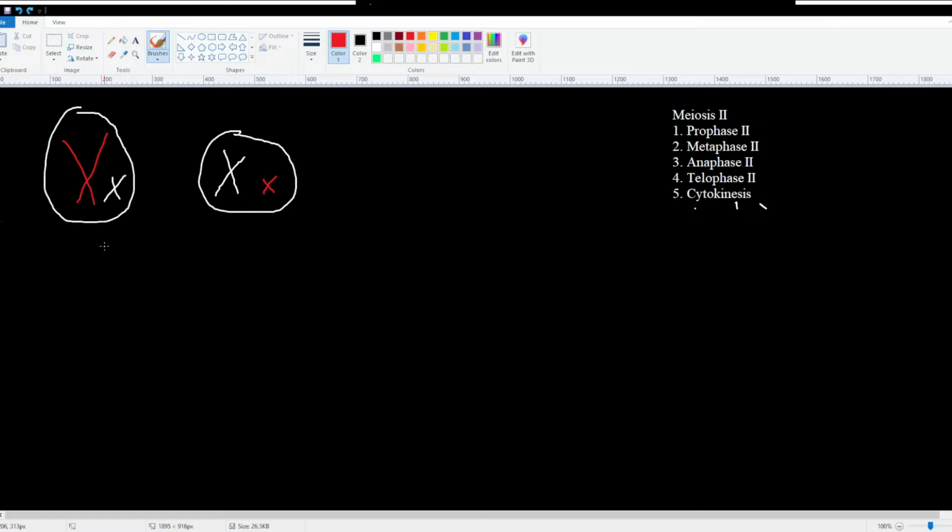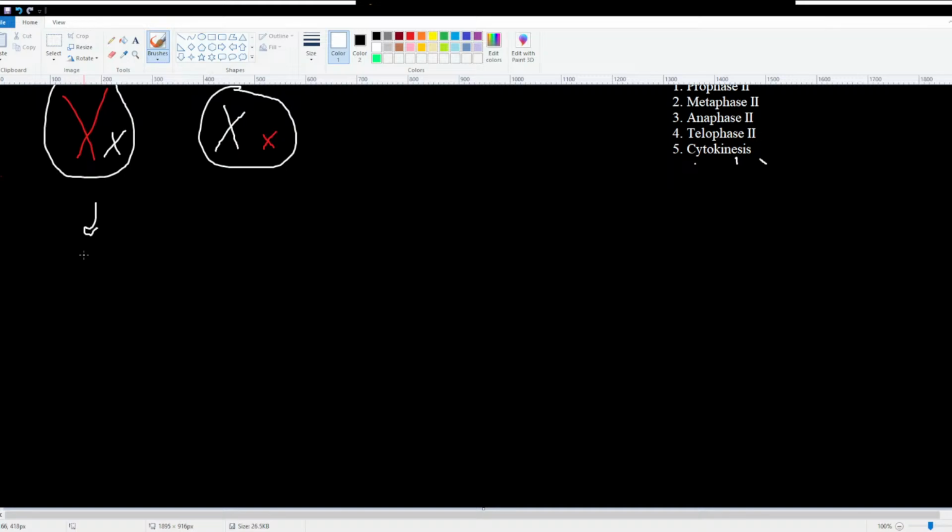So this cell just goes right into prophase 2. This is after cytokinesis. Now this cell is going to go into prophase 2. If you notice, there's no genetic information to condense. There's no DNA to condense. So there will be no condensing of the DNA during prophase 2.